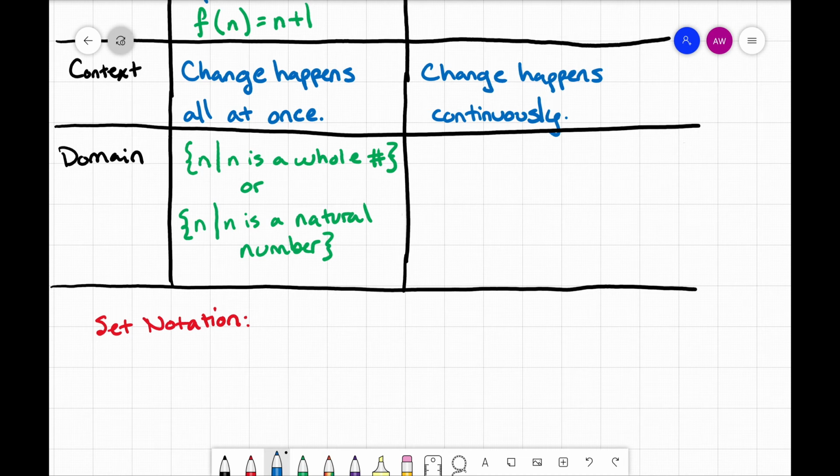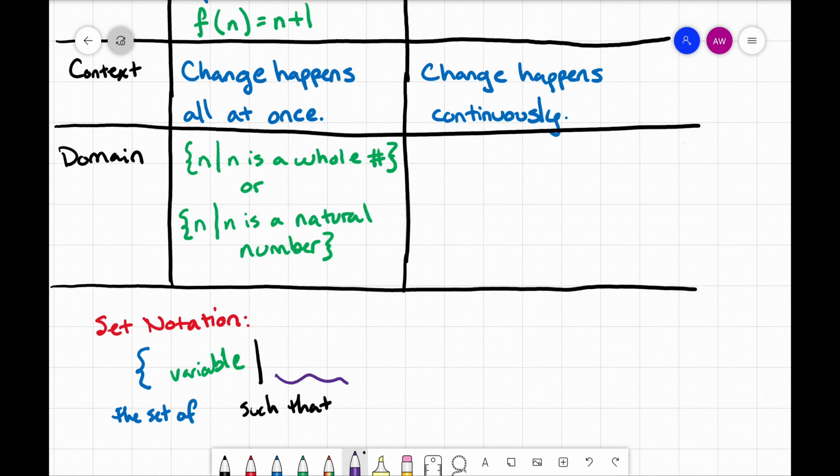So in this set notation, we have the set of, and then we have the variable, the bar meaning such that, and then the contents of this part is whatever you can fill in, such that something is true.